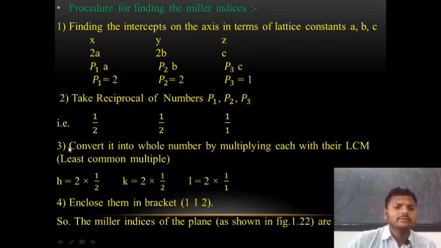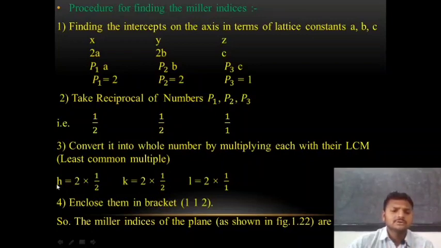The third step, to find the Miller indices, is to convert them into whole numbers by multiplying each with their least common multiple. These reciprocals of p1, p2 and p3 are multiplied by their least common multiple to give h, k and l.